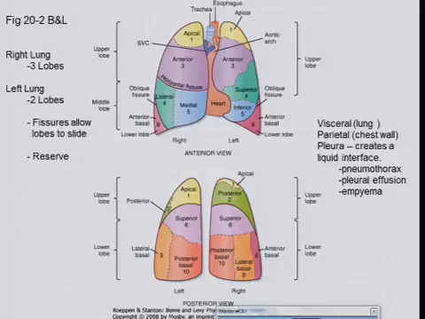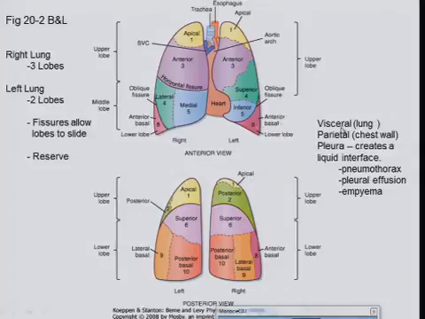Because we have so much extra capacity within our lungs, it protects us against a variety of different diseases. We're going to talk about how these diseases impinge upon our ventilatory ability, but they don't take us down and out until these diseases get extremely severe, because we do have a lot of extra capacity within our lungs to bring in enough oxygen and remove enough CO2 for normal metabolic demands.